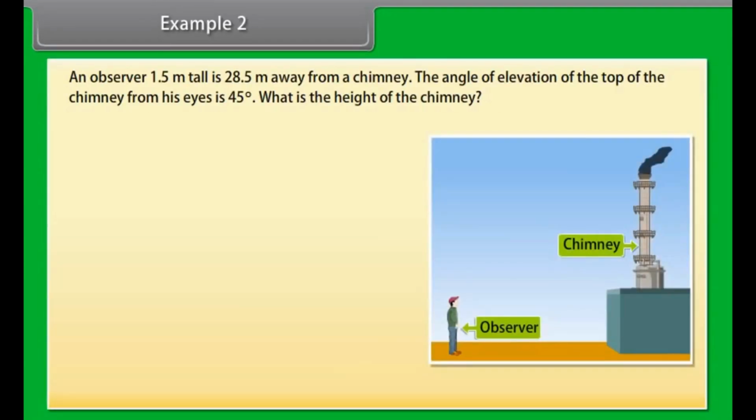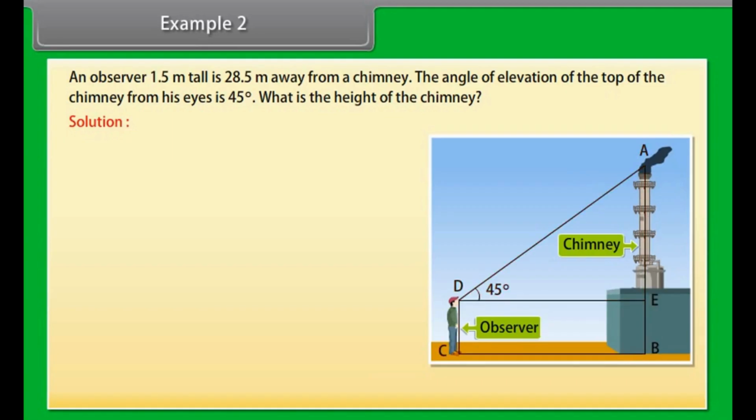Example 2. An observer 1.5 meters tall is 28.5 meters away from a chimney. The angle of elevation of the top of the chimney from his eyes is 45 degrees. What is the height of the chimney? Solution. Here AB is the chimney, CD the observer, and angle ADE is the angle of elevation.